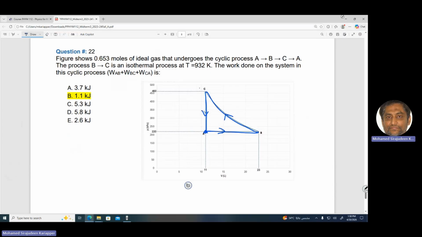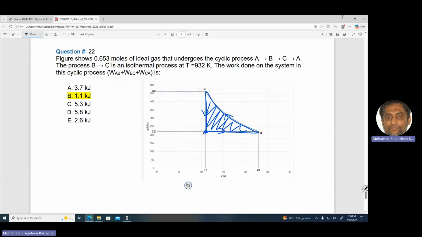There's a shortcut here. The shortcut is to remember, in a cyclic process, the work done will be simply the area enclosed by the cycle. All you have to do is to get this area. But do you know how to get this area? It's a curve, right? So it's not a triangle. Can you say it's a triangle?